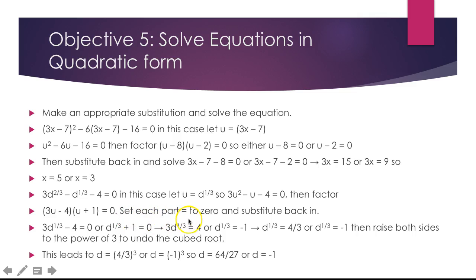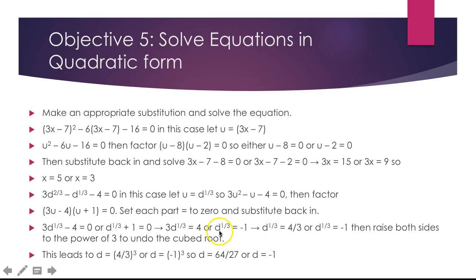So set each part equal to 0 and then substitute back in. So 3d to the 1/3 minus 4 equals 0, or d to the 1/3 plus 1 equals 0. Divide by the 3 here, and then raise it to the power of 3.